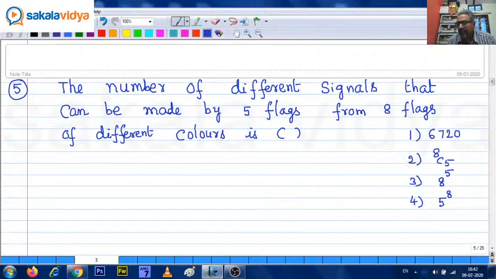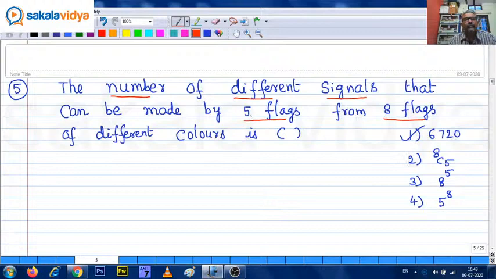Different signals means without repetition only, so the third and fourth options will be eliminated. It's not 8C5, so the first option will be the right option. But let us do it now. The number of different signals that can be made by 5 flags from 8 flags. From 8 flags we need to arrange 5 flags.